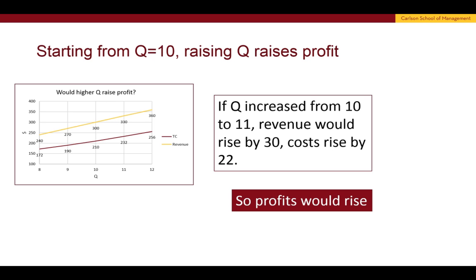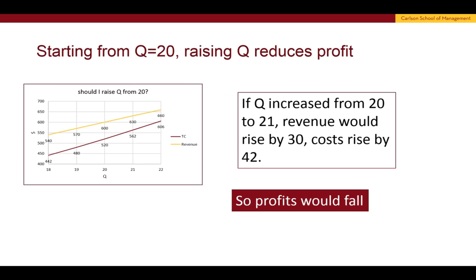Now imagine we were to increase output by 1 unit to 11. What happens? Revenue goes from 300 to 330. Revenue rises by 30, but costs rise from 210 to 232. Well, that means that revenue is rising faster than cost, and so increasing output from 10 to 11 would raise profit. So that means we'd like to increase output beyond 10 toward 11.